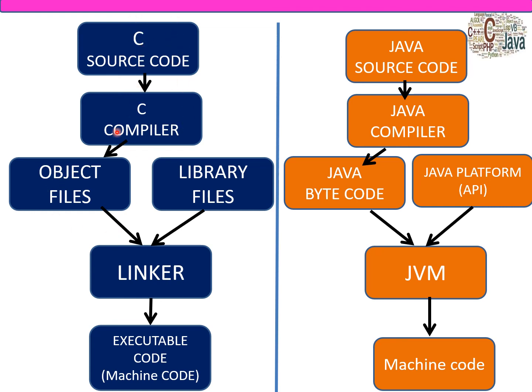It is converted into object files, and then with the help of the linker and the library files, it is converted into executable machine code that can be loaded and executed with the help of the loader. Likewise, here you can see Java source code. A Java compiler is used, which converts it into bytecode, and then using the application programming interface, according to the platform, the JVM plays an important role in conversion to executable machine code.